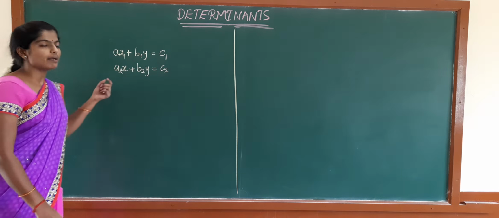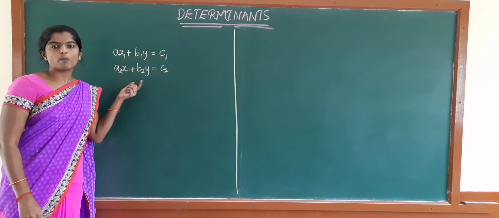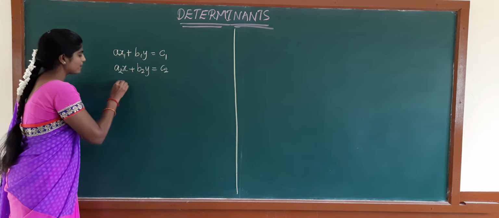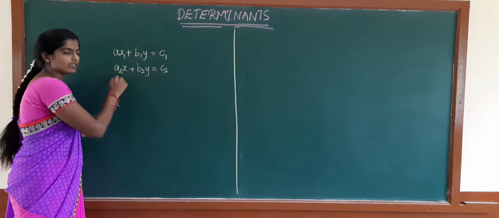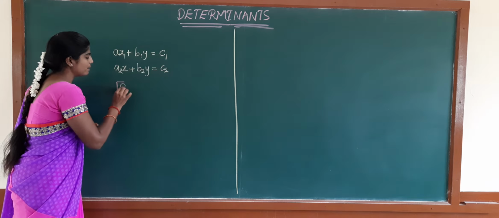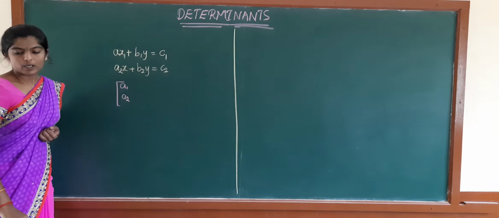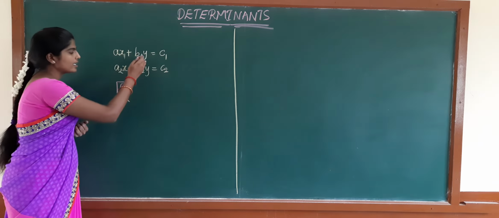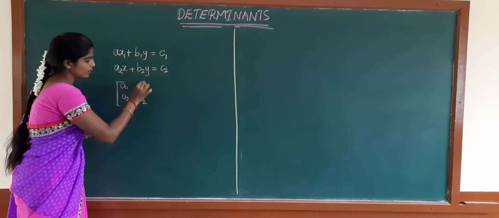This system can be expressed in matrix form. If we write this system of equations in matrix form, we write the coefficients of x in the first column, so it becomes a1, a2, and the coefficients of y in the second column, that is b1, b2.